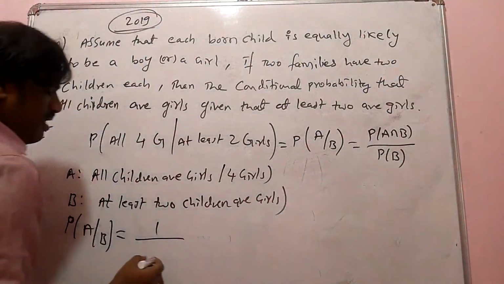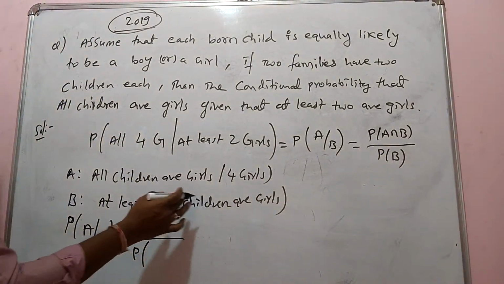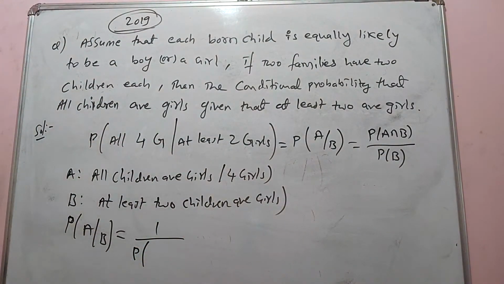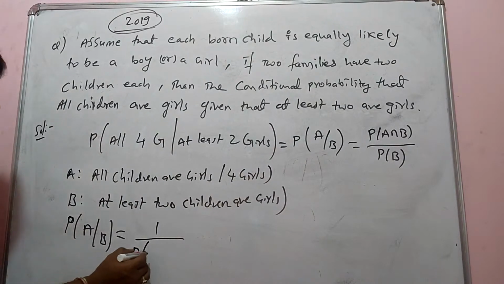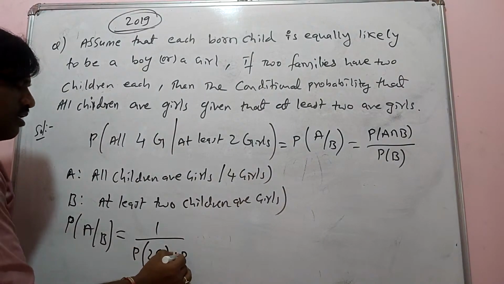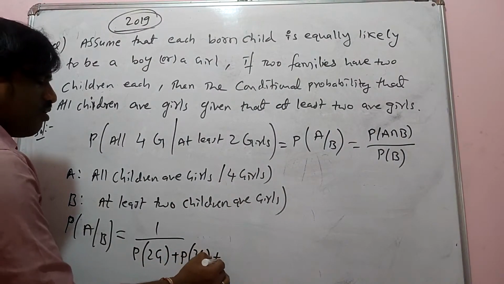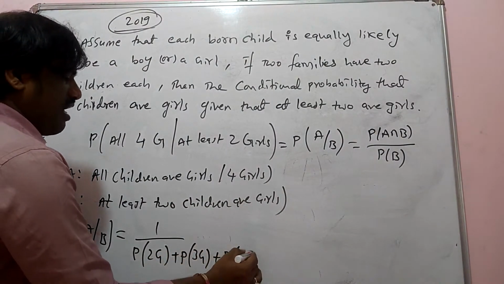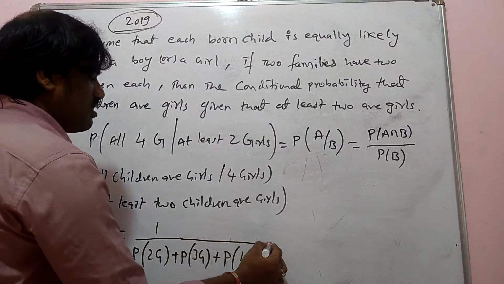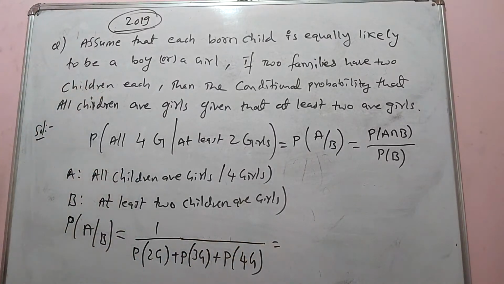And probability of B will be the probability of at least 2 girls. At least 2 girls means 2 girls, 3 girls, 4 girls. Numerator you got, right? You have to find this one. Are you getting it?